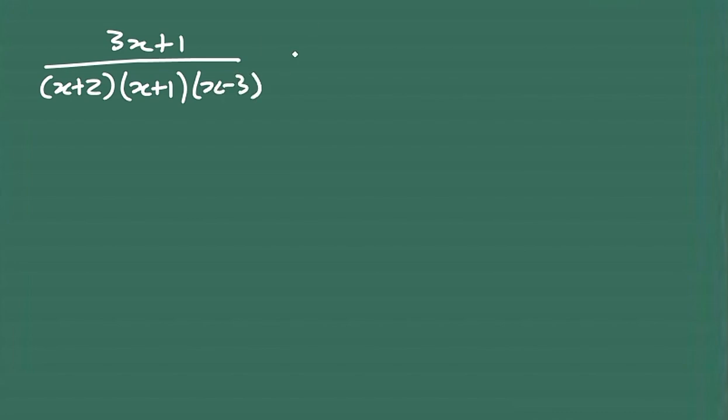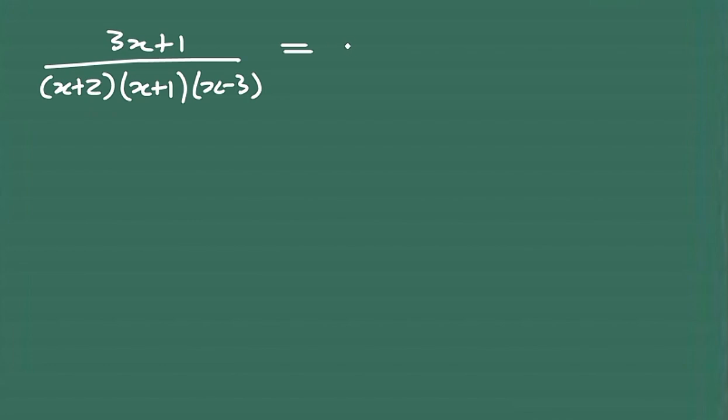3x plus 1 all divided by x plus 2 times x plus 1 times x minus 3. This can be split up. Looking at this, the fraction is the sum of three separate fractions.